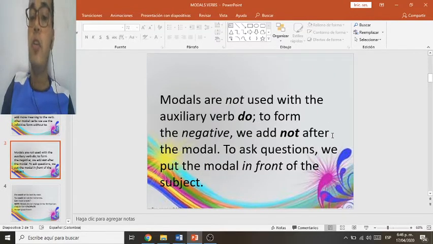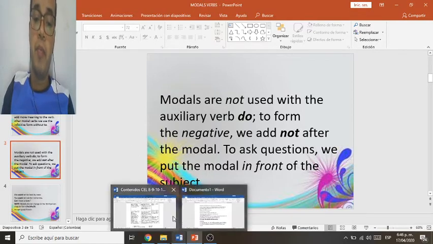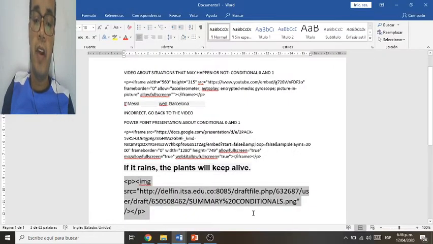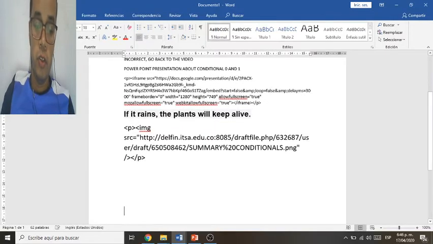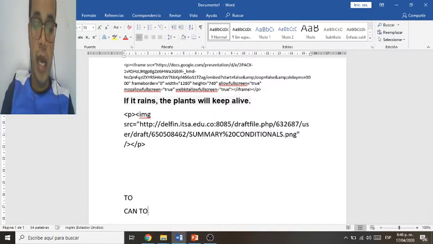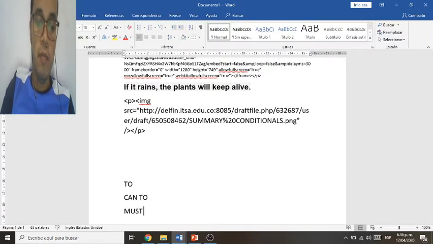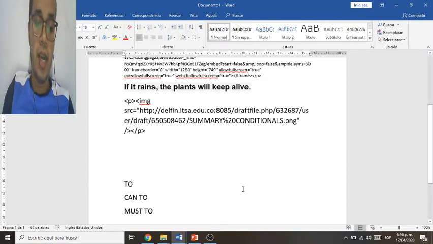Modals are not used with the auxiliary verb do. So, every time that you have a modal, something very important: never ever use "to". Can to, must to. It doesn't exist. That is a mega disaster.